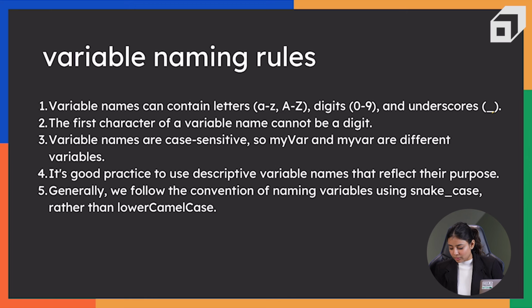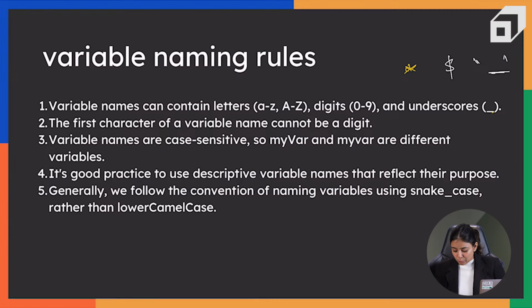That means it cannot contain any other special character, for example star or dollar sign. It cannot even contain a space. It can only contain A to Z letters, 0 to 9 digits or an underscore.